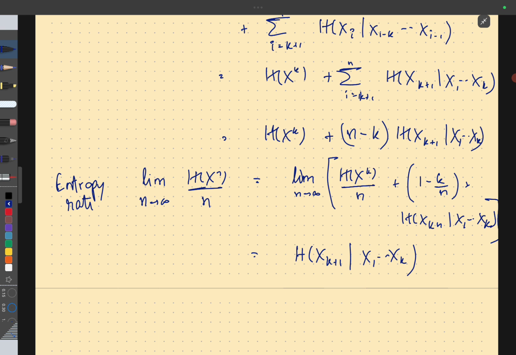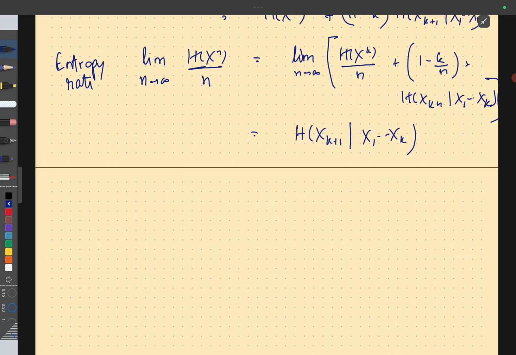So plugging into the upper and lower bounds of the optimal compression rate, we get that the asymptotic optimal compression rate is equal to H of x_{k+1} given x1 through xk.